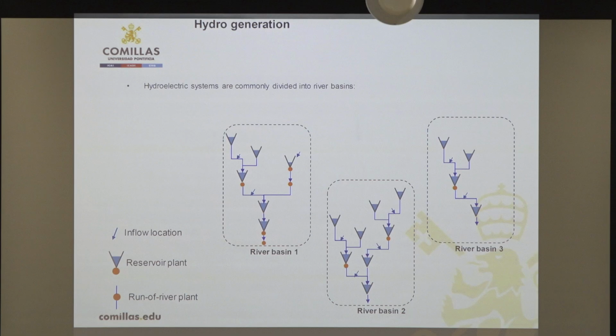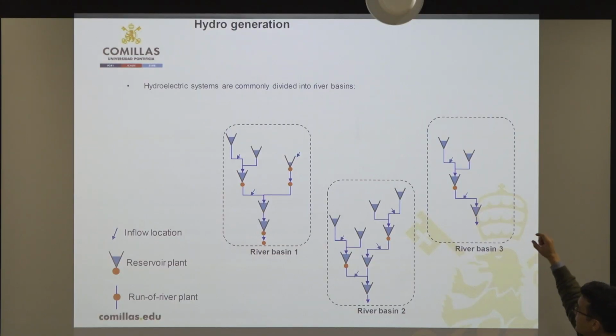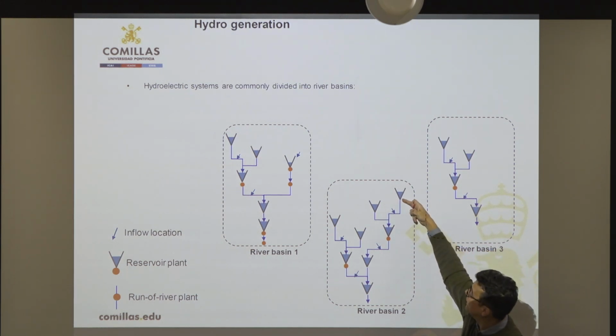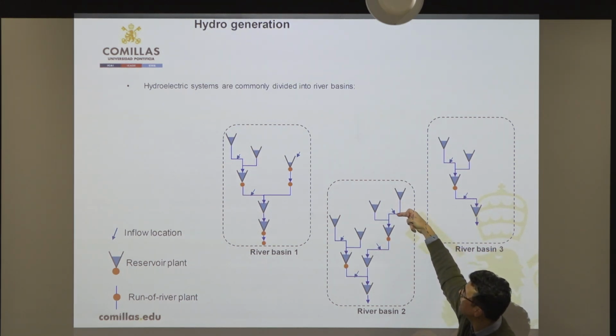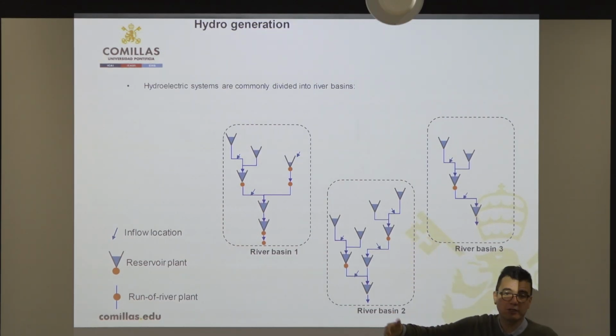Moving on, we have hydro generators. Normally you organize the hydro units in a river, so you have what we call cascaded reservoirs. If this is a reservoir, the water released by it will reach the downstream reservoirs after several hours.